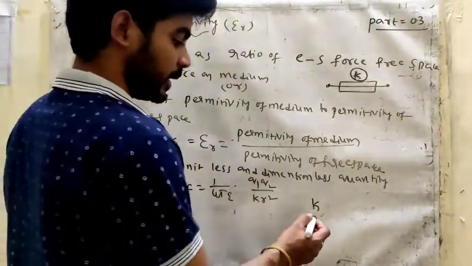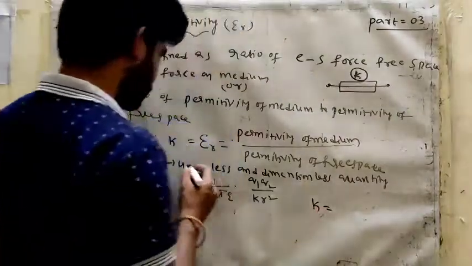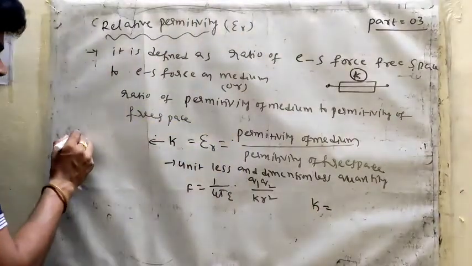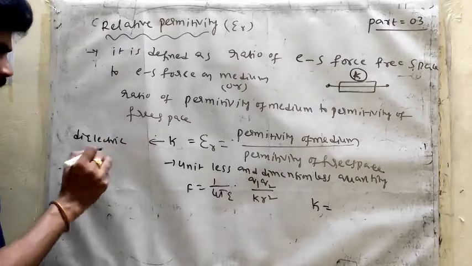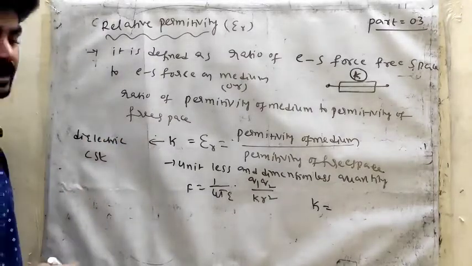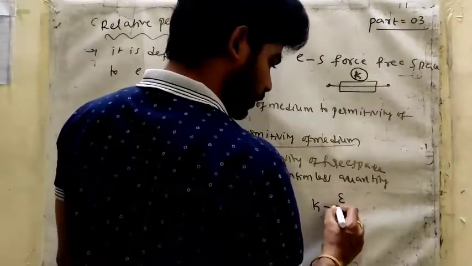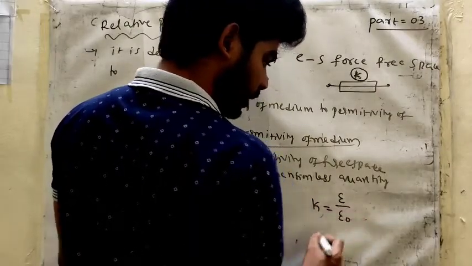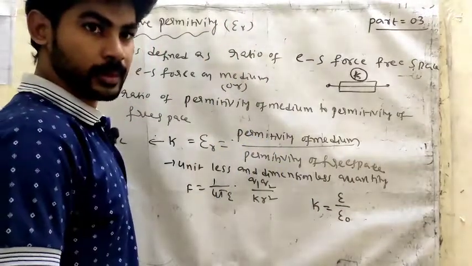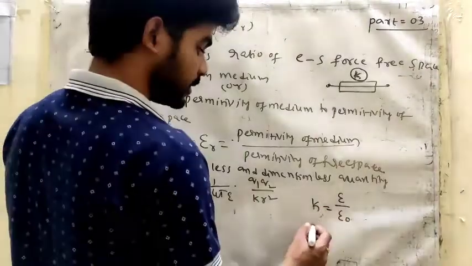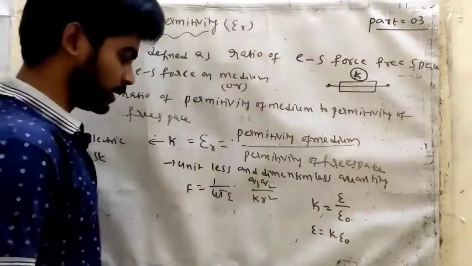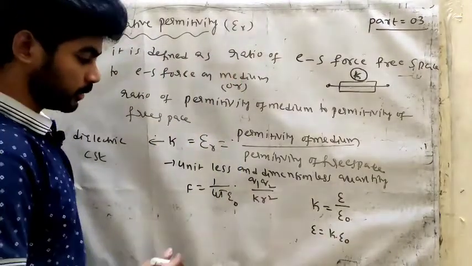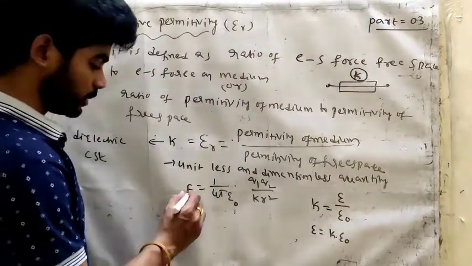The dielectric constant K is equal to epsilon by epsilon naught. So epsilon is equal to K into epsilon naught.